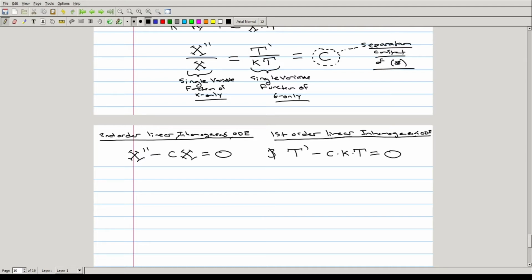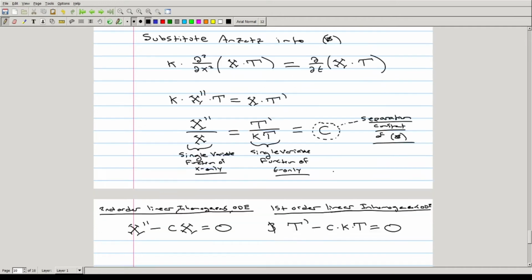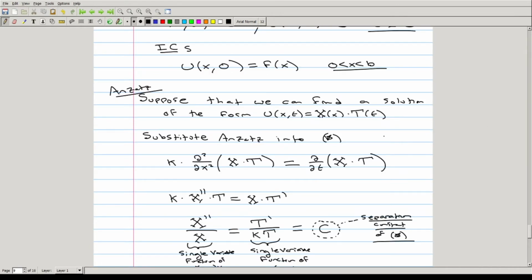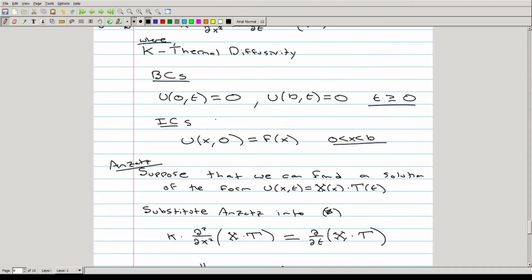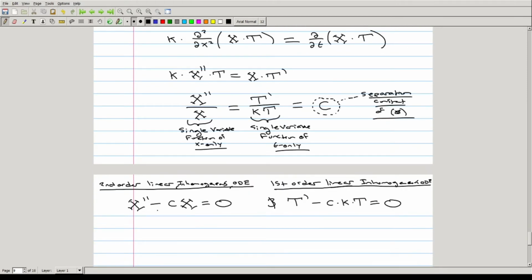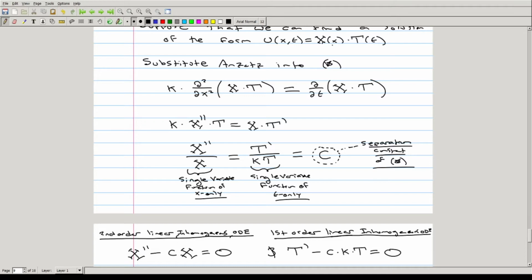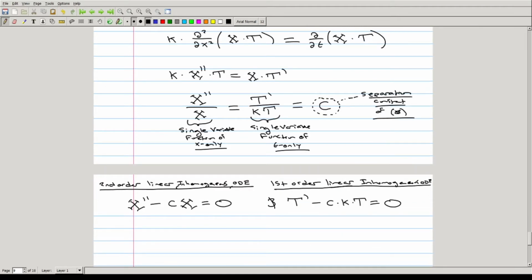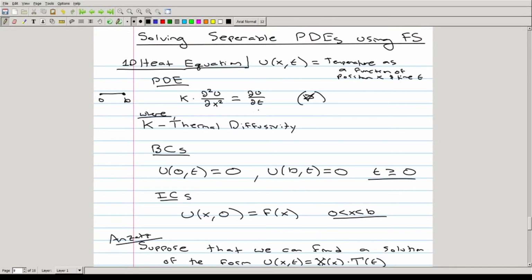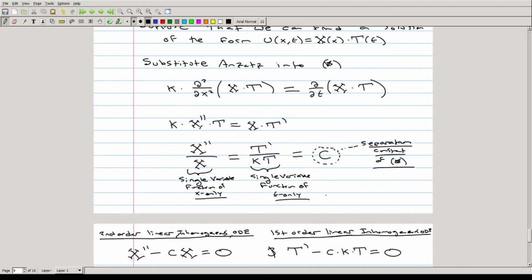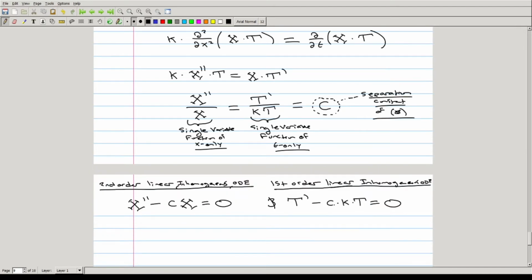And this is really special because what we've effectively done by assuming this ansatz is shown that any separable solution to this PDE has to satisfy, well, the x function has to satisfy this second order ODE, and the t function, capital T, for the heat equation has to satisfy this first order differential equation.